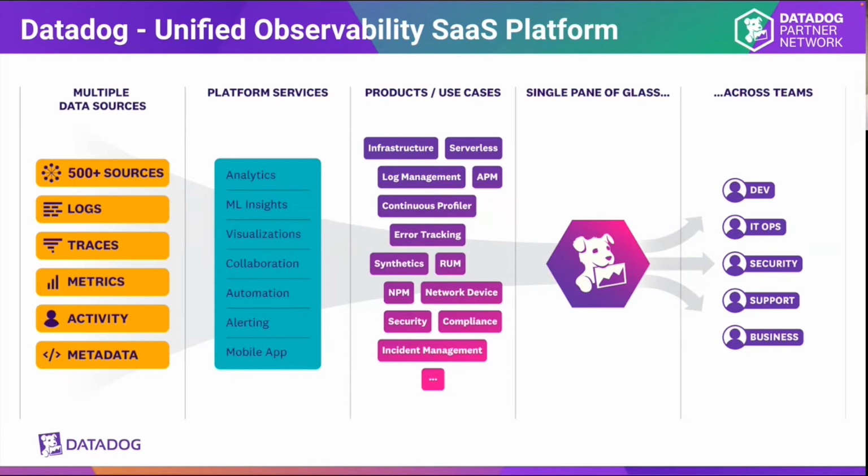Synthetics for proactive testing of API endpoints and websites to detect issues before they impact your customers. Real user monitoring for your browsers and mobile devices. Network performance to manage and optimize the traffic flow across the entire stack. With everything enabled in one platform, your teams have a single source of truth with zero context switching.